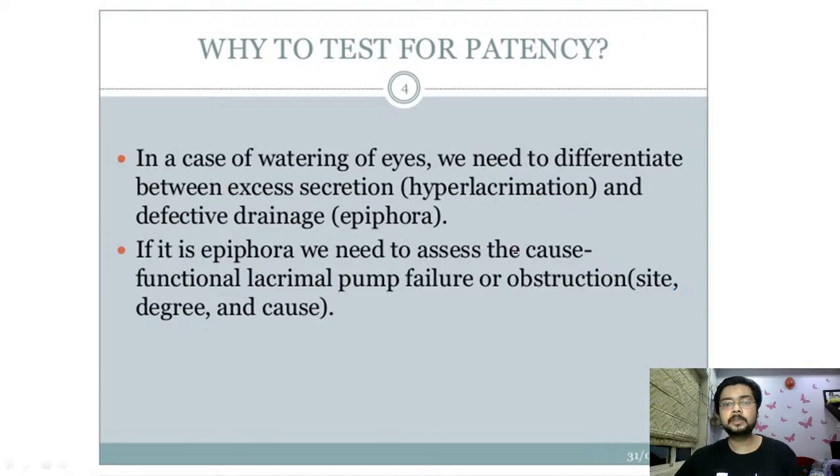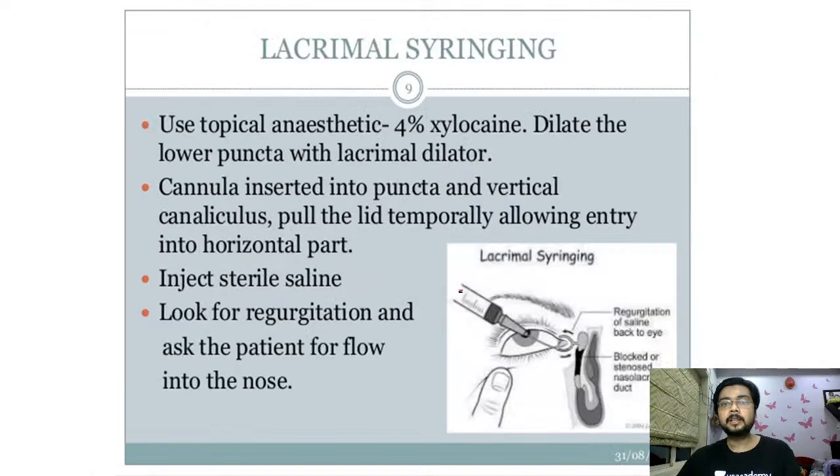So in case of watering of the eye, we need to differentiate between hyperlacrimation and defective drainage, such as lacrimal pump failure. What you do is you give some syringing, some water from here, and you ask the patient whether he can swallow, whether he can feel the water coming in his throat.